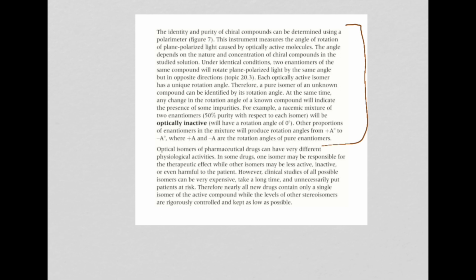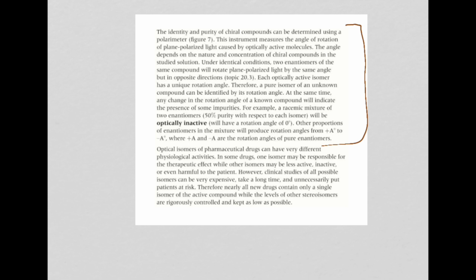And if we have mixtures or if we have impurities, then the angle is going to change. So by verifying the angle by which light is rotated, we can identify what enantiomer we have produced. We can verify the purity of what we have produced.